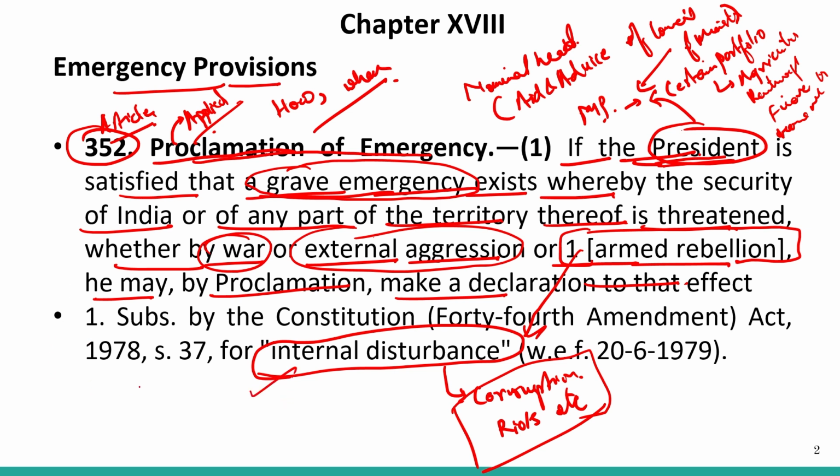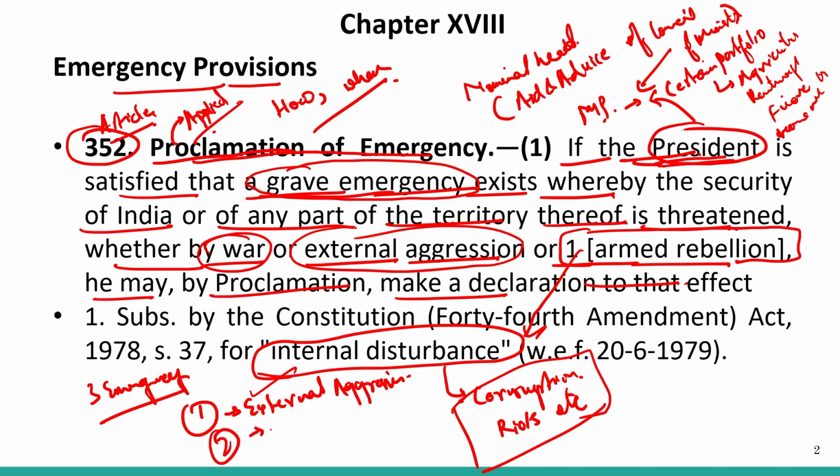Now, I would like to tell you that there are three types of emergencies, if you talk in layman language. The first, obviously, is external aggression. If there is an attack by a foreign country over India, then obviously it will be considered external aggression.